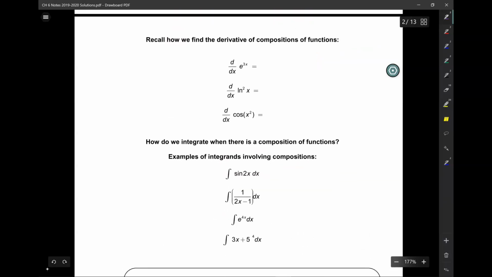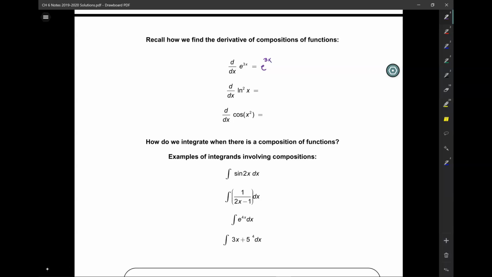Okay, so now let's talk about composite functions for a minute, and let's talk about how we found the derivative of e to the 3x versus just e to the x. Do you remember that? For e to the 3x, we said the derivative of e to the anything is e to the anything.